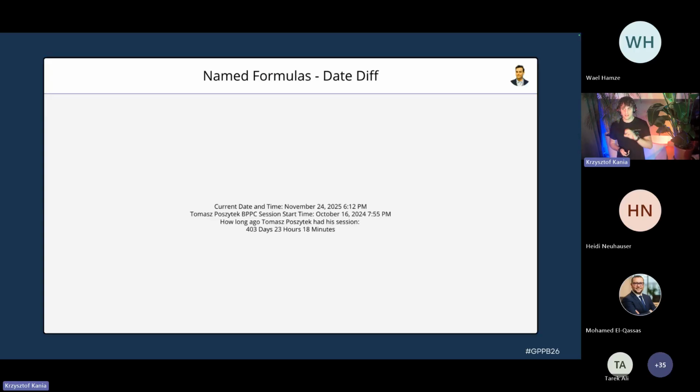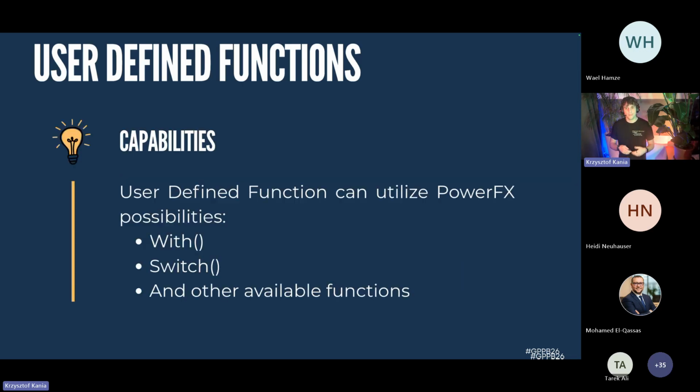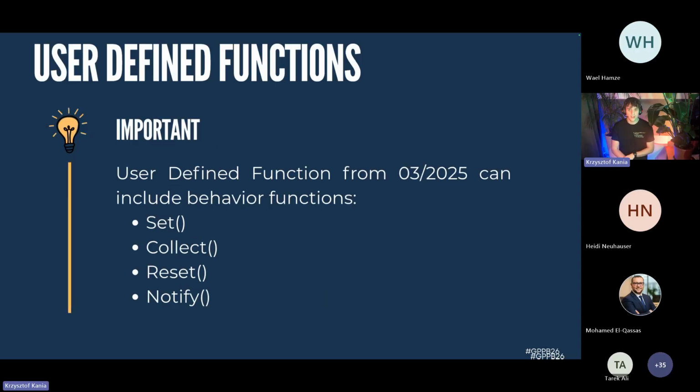And here at the screen, I will have everything what I wanted with my output data. So how much time left? 404 days, 16 minutes. So user-defined functions are allowing us to fully utilize PowerFX functionalities, like with statements, temporary variables, like switch, and other great functions over there.